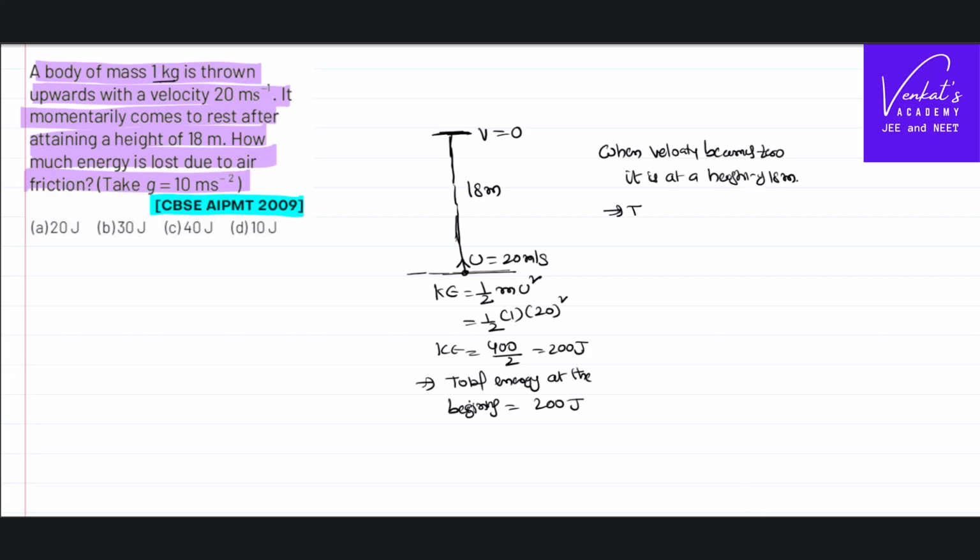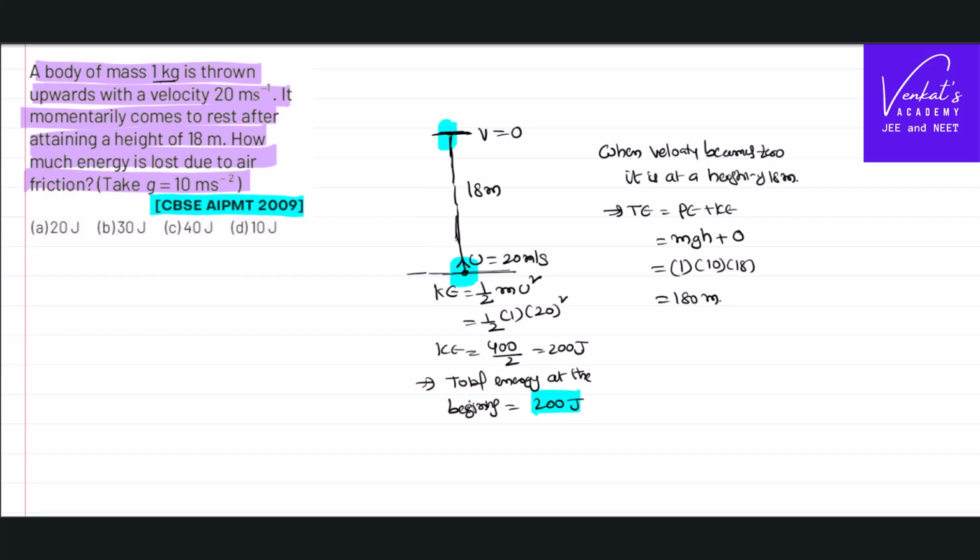It implies total energy there is potential energy plus kinetic energy. Potential energy is mgh, but it came to rest, so kinetic energy is 0. So total energy there, mass is 1, g is 10, h is 18. That is 180 joules. As per our understanding, here the energy is 200 joules.